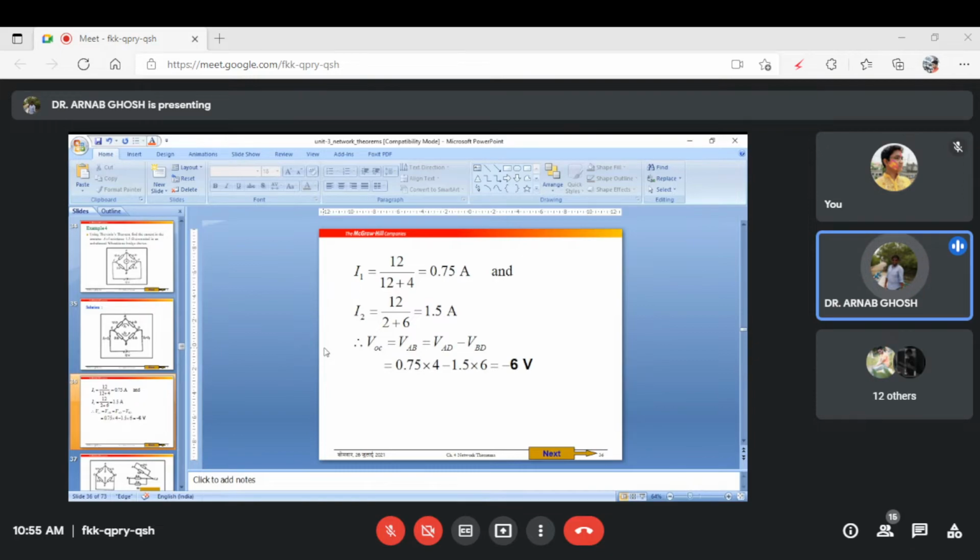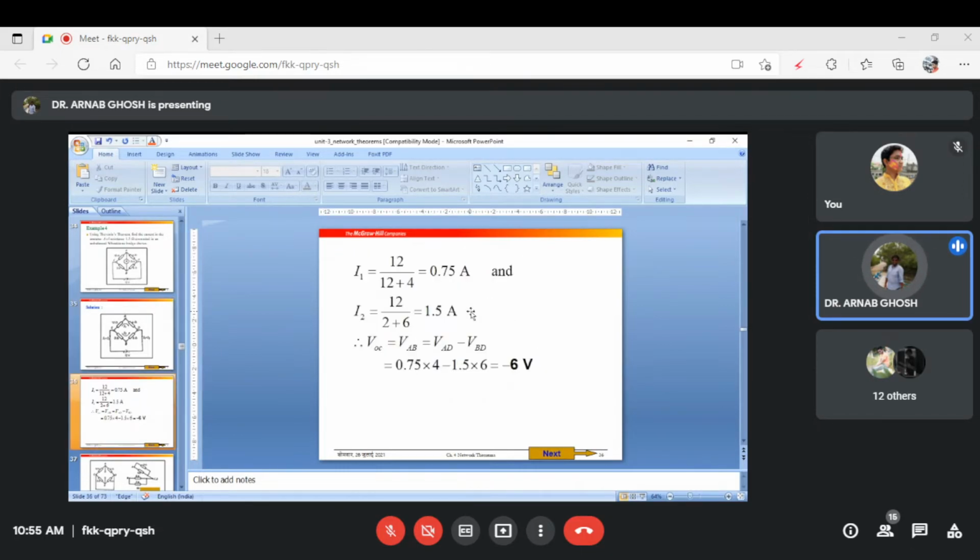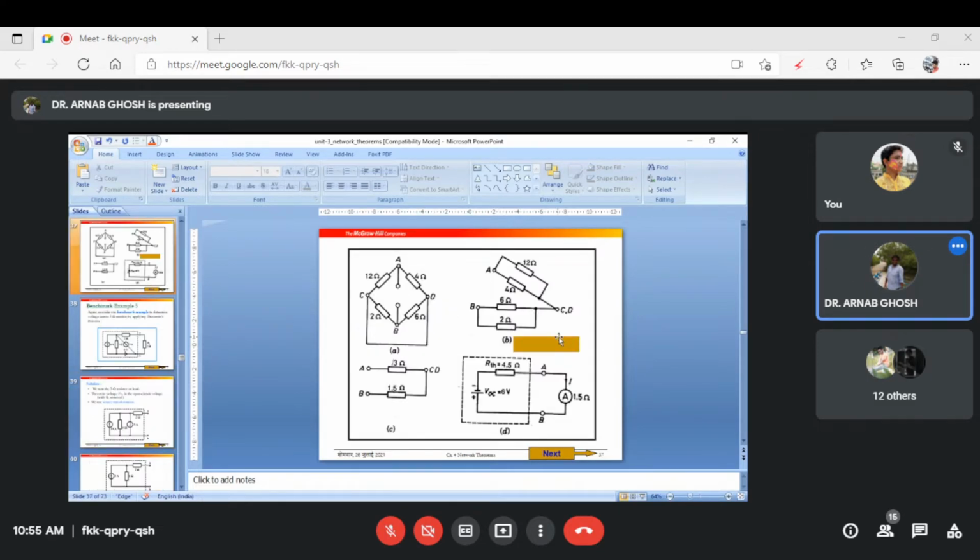This is the current 0.75 into 4 ohms minus 1.5 into 6 ohm. That is, you are getting this as minus 6 volts. So the open circuit voltage, you are getting this as minus 6 volts. Right?